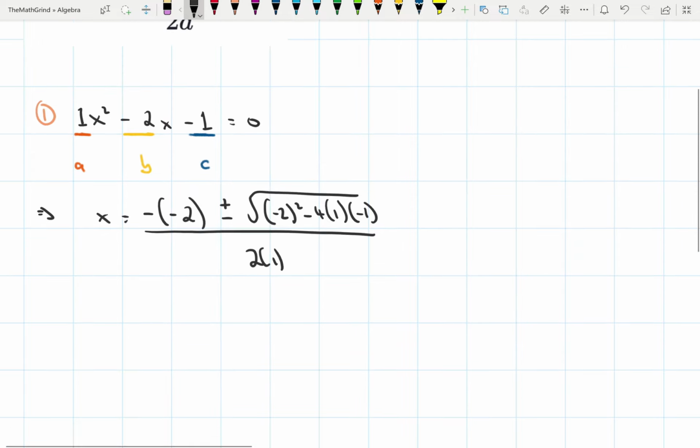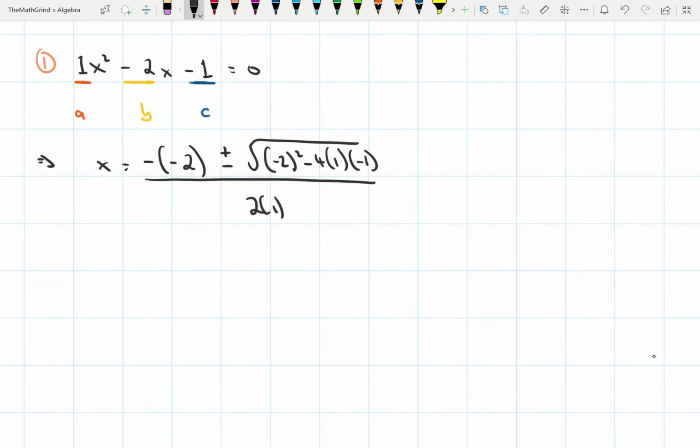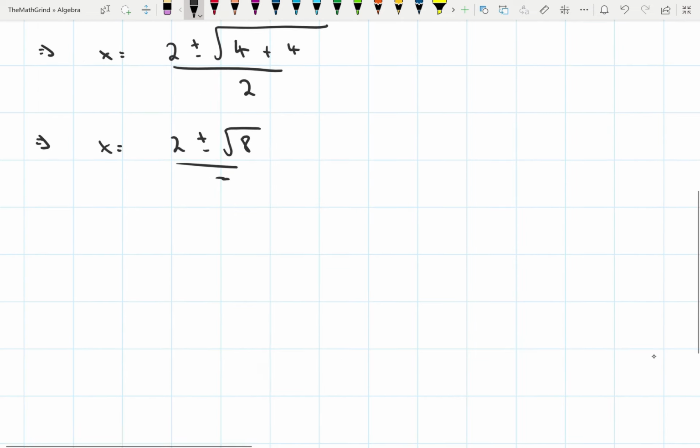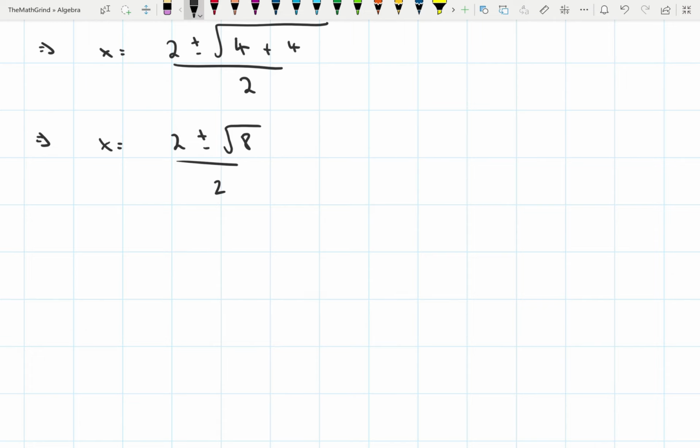Okay, so it just goes into a bit of simplifying then. Good practice to always try and do as much of it as you can without the calculator. So negative 2 is plus 2, plus or minus, that's going to end up being 4 plus 4 whenever you multiply it out, which is then going to be 2 plus or minus root 8 all over 2. From here, if you have a calculator, you can simplify root 8.